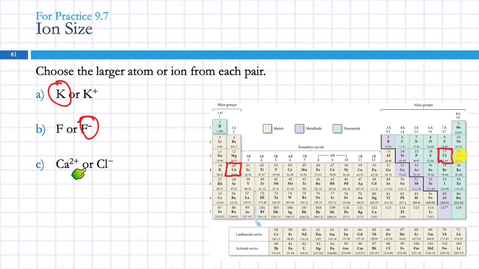So these two are isoelectronic. Which one's bigger? The one with more protons? No. The one that had electrons added. This one had electrons added, and this one had electrons taken away. So the chloride is bigger.